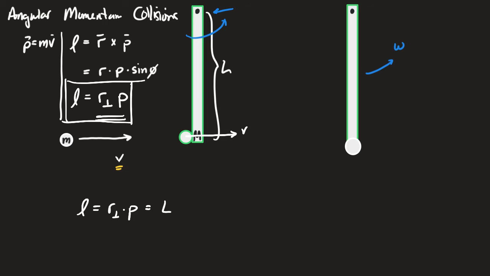That's what r perpendicular is in this instance, because you consider that just before the collision, that's r, the distance from the pivot point to where the collision occurs, times the momentum, which in this case is just going to be lowercase m times v. So this is the angular momentum just before the collision.